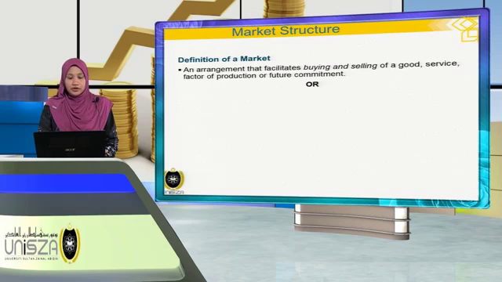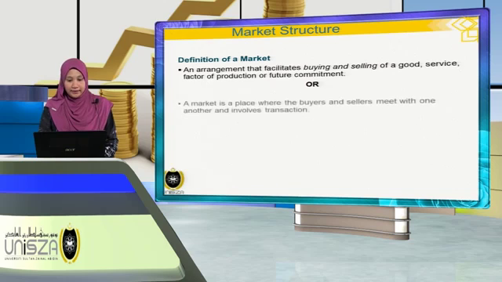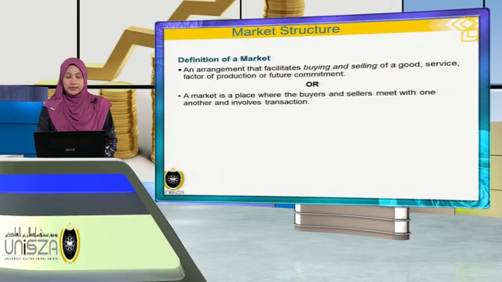When we go to the market structure, okay, so market structure is an arrangement that facilitates the buying and selling of goods, services, factors of production or future commitments. Or in other words, we can say that market structure is a place where the buyers and sellers meet with one another and are involved in the transaction.